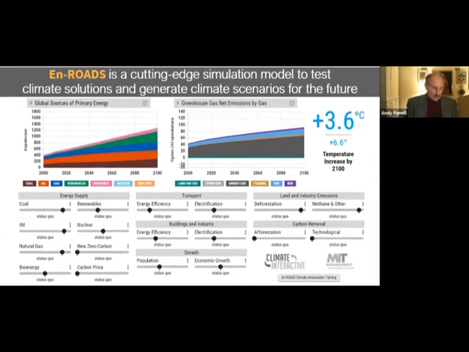So this En-ROADS simulator from MIT is really a breakthrough in providing a model that's easy to use. It can generate output very similar to supercomputers, and it does it in milliseconds rather than hours and days. And it gives educators and policymakers a great new tool to get the job done in pursuing their efforts.